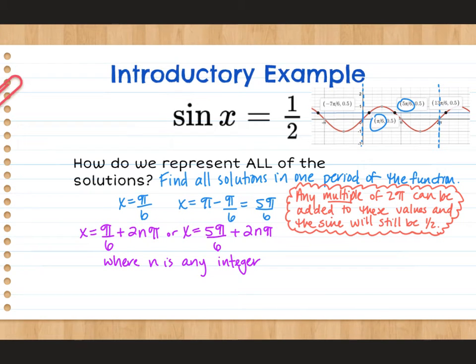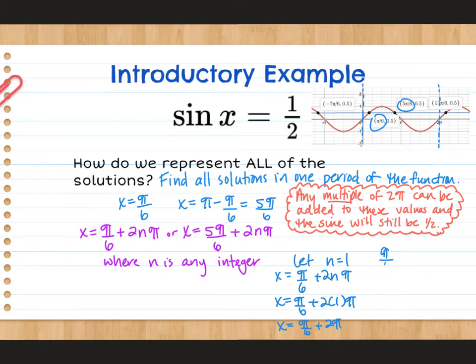So let's test our formulas and let's let n equal 1. Let's take a look at x equals pi over 6 plus 2n pi. If we let n equal 1, that becomes 2 times 1 times pi, which is pi over 6 plus 2 pi.